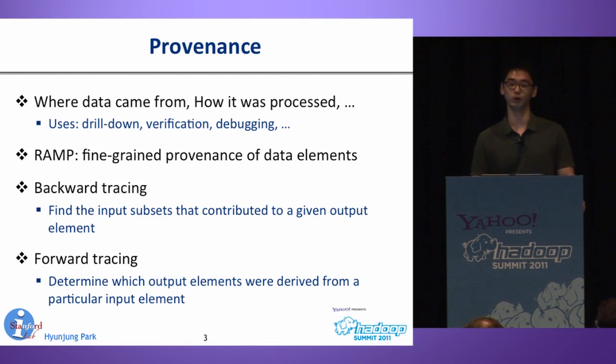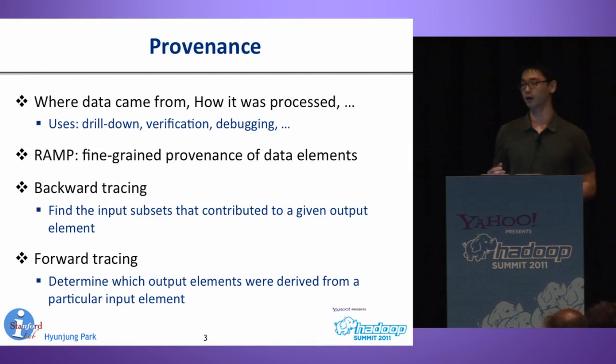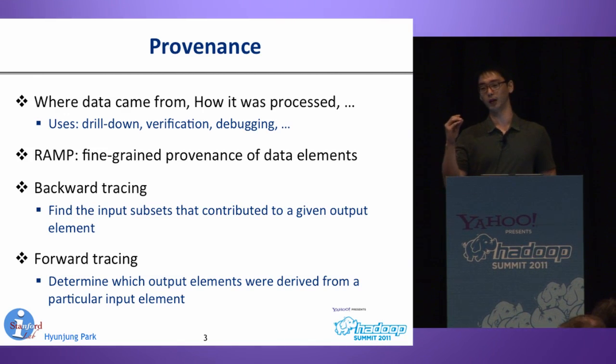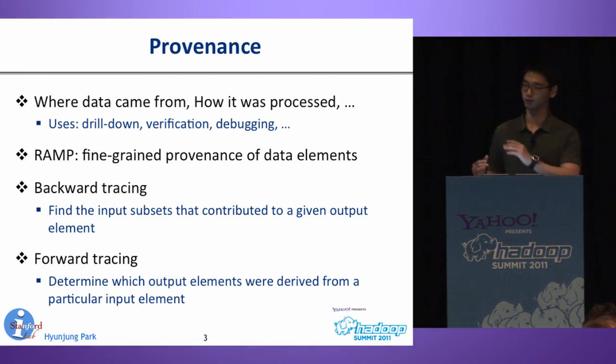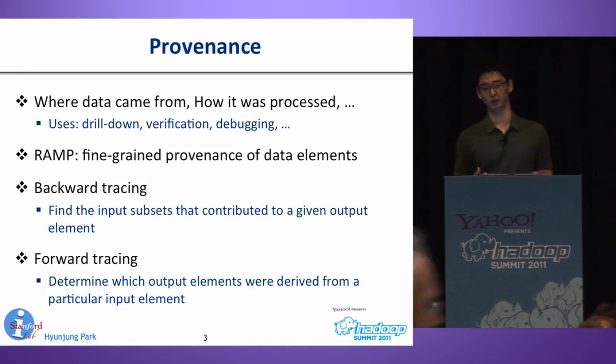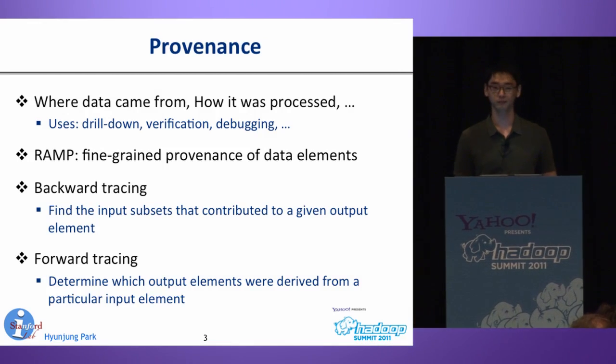What can we do with this provenance information? We can support two basic operations, backward and forward tracing. Backward tracing finds the input subset that contributed to a given output element. And forward tracing does the opposite. Given a particular input element, it finds which output elements are derived from this input element.